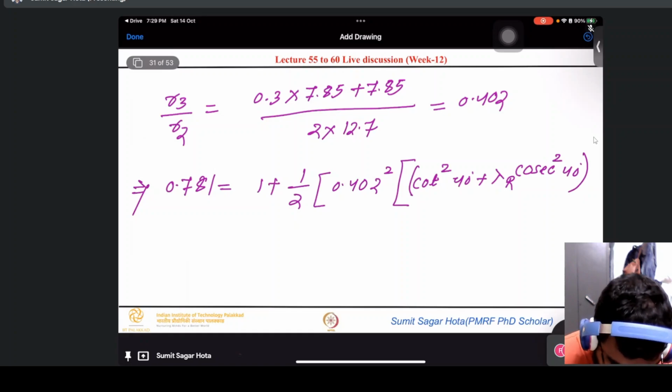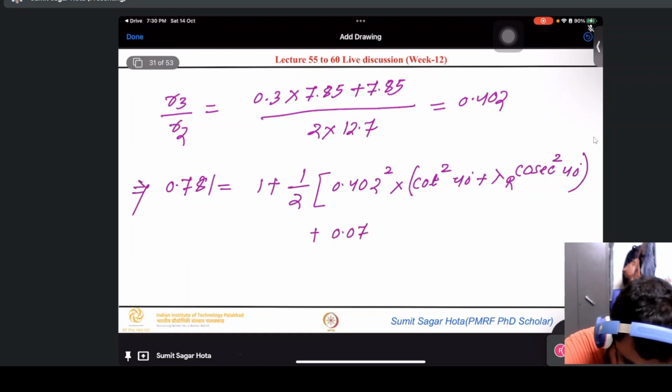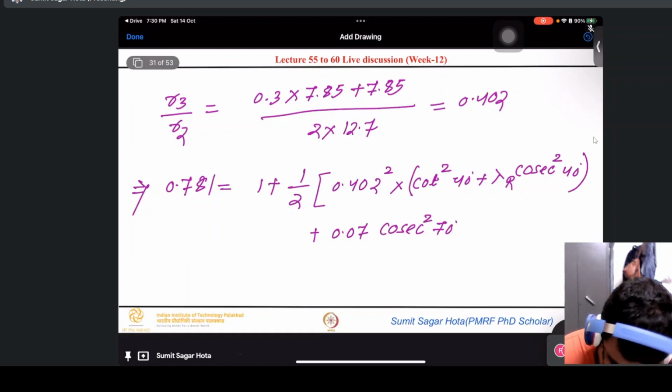So now it's done. Plus 0.07, which is the model value, already in the formula, into cosec squared of 70 degrees, your nozzle efflux angle alpha 2.